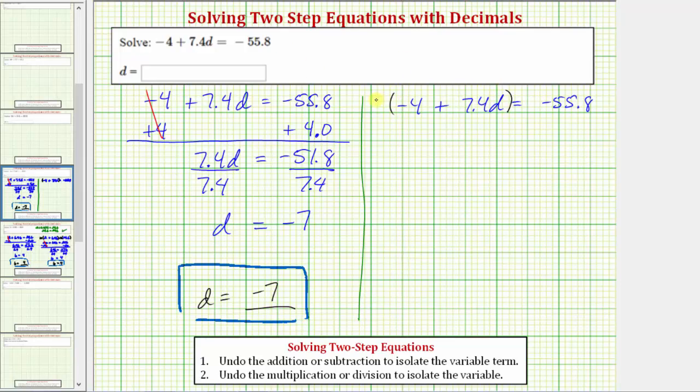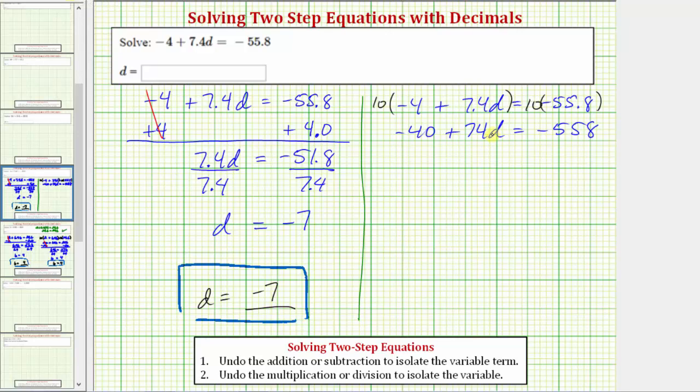This will be our first step. 10 times negative 4 is negative 40, plus 10 times 7.4d is 74d, equals 10 times negative 55.8 is negative 558. And now we'll solve this equation, and the solution will be the same as the original equation.